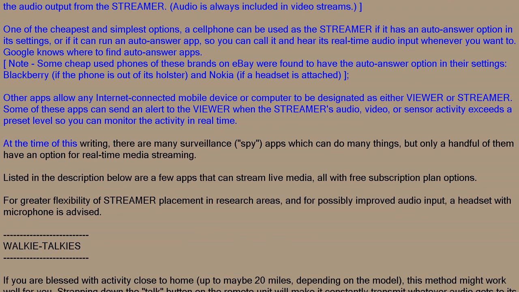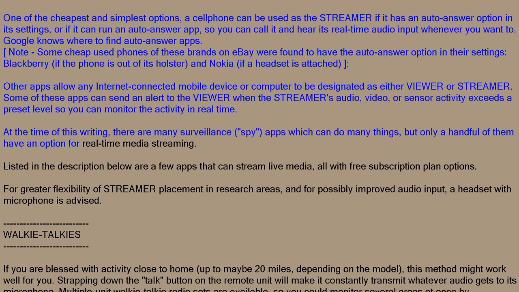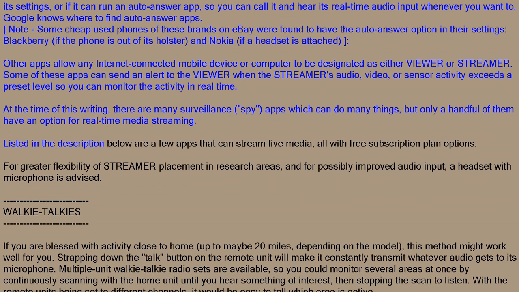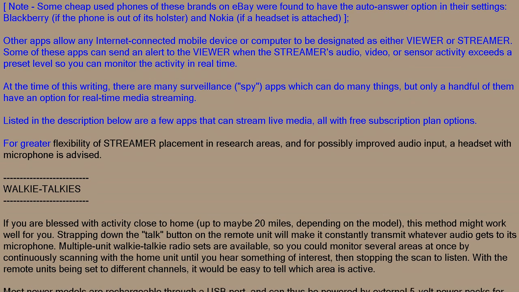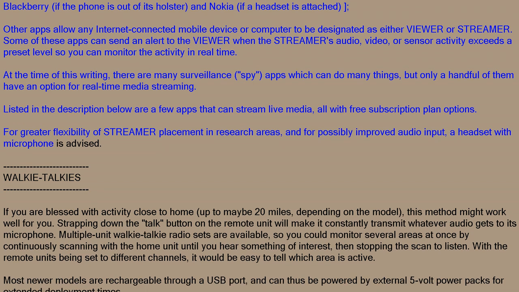At the time of this writing, there are many surveillance, spy, apps which can do many things, but only a handful of them have an option for real-time media streaming. Listed in the description below are a few apps that can stream live media, all with free subscription plan options. For greater flexibility of streamer placement in research areas, and for possibly improved audio input, a headset with microphone is advised.